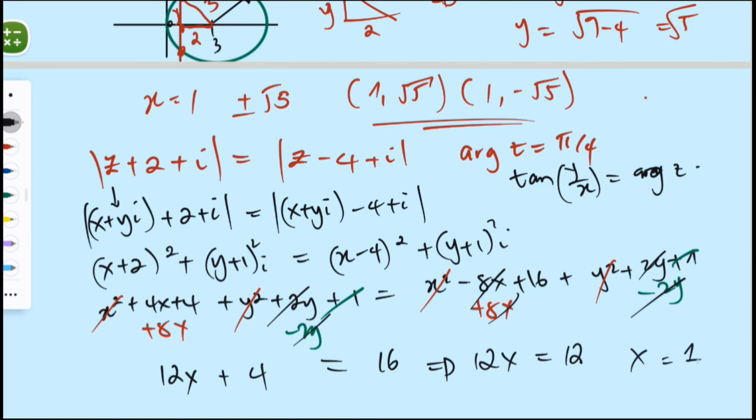So x is equal to 1. At least we know x is equal to 1.